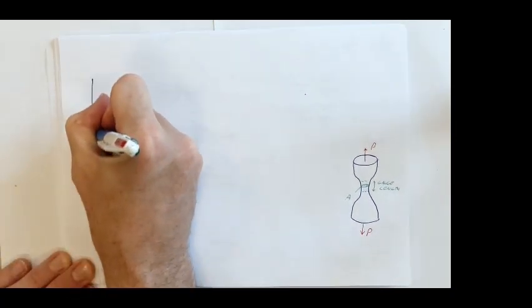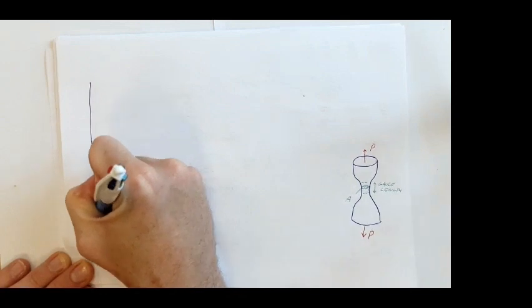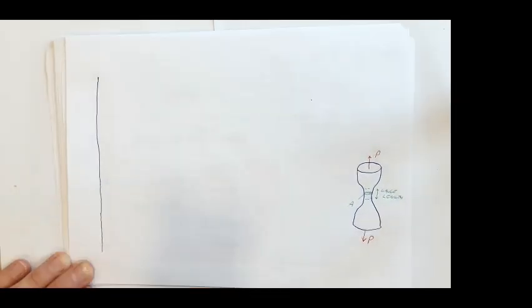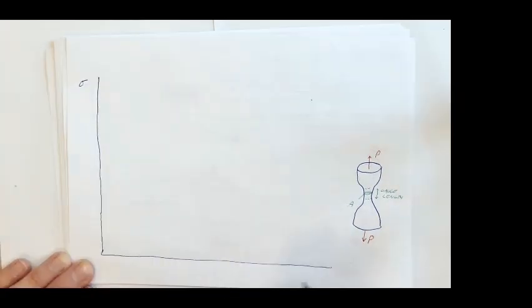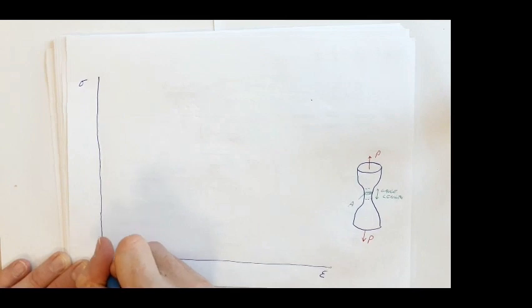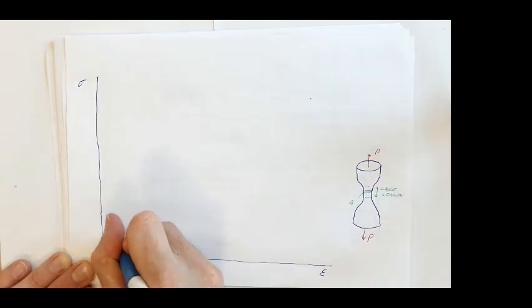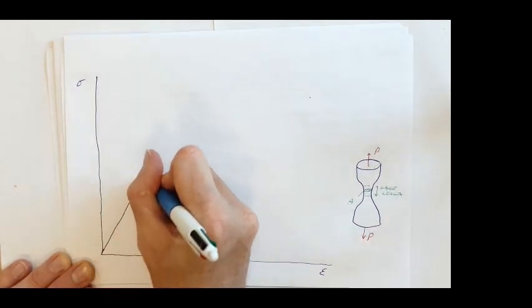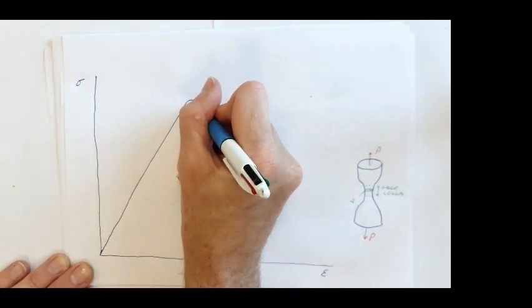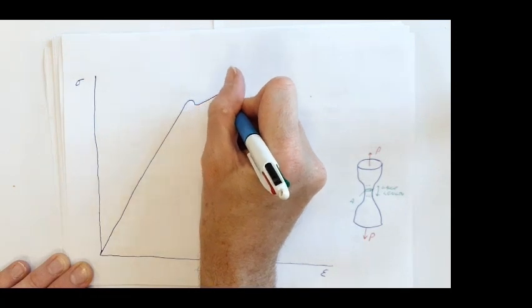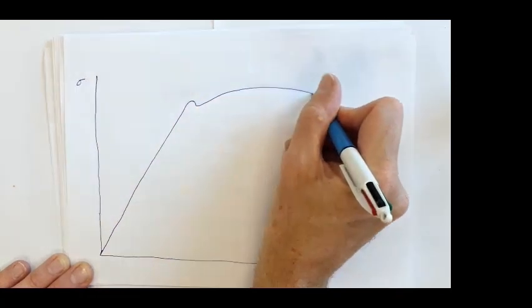A typical stress strain curve for a low carbon steel would look something like this. If we were to plot stress against strain, initially our material would be elastic, and then we'd see plastic deformation, which would look something like this.